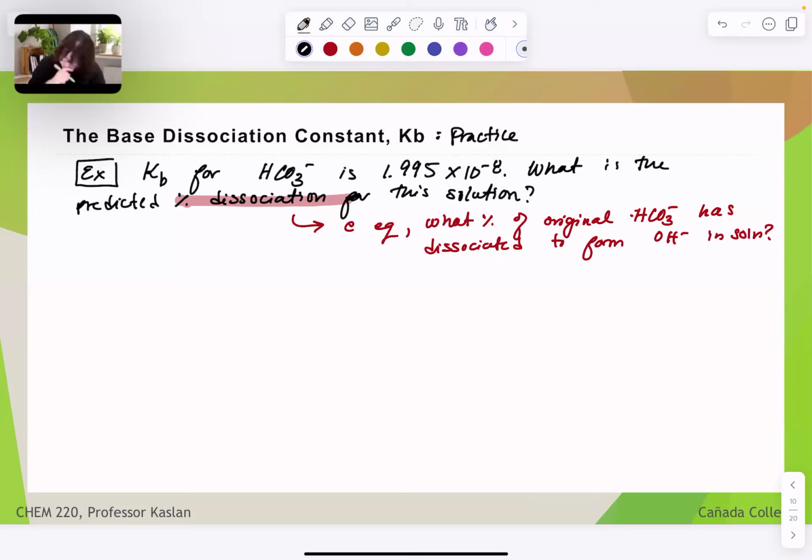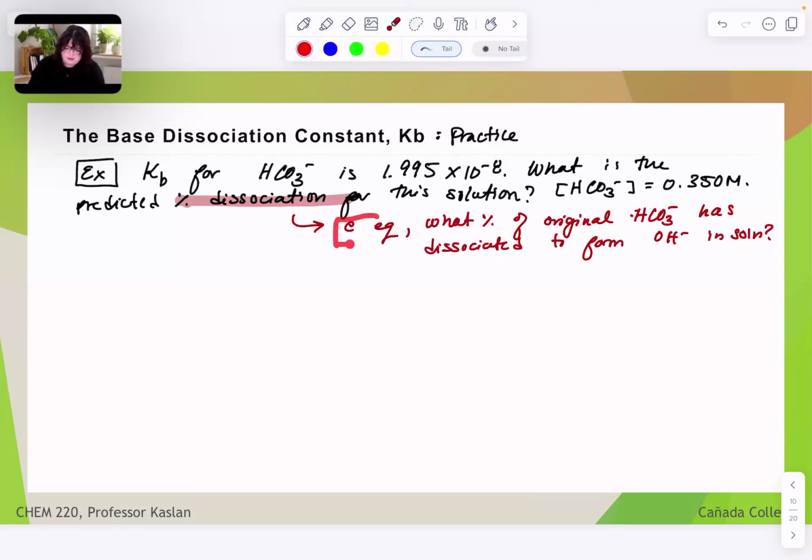And some important information here. Let's say that the concentration of bicarbonate is 0.350 molar. At equilibrium, what quantity?